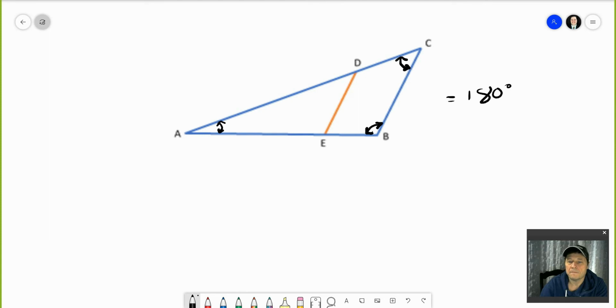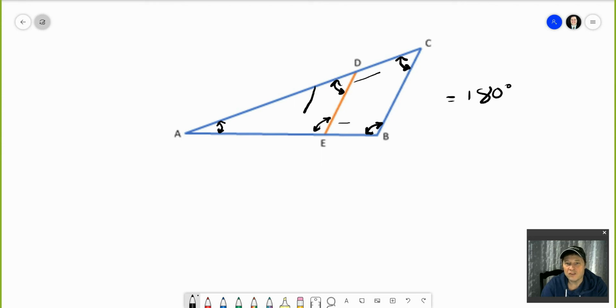We know that. But this line, just because I move this line in a straight line, right? I make it parallel. ED is now parallel to BC. This angle doesn't change. This angle stays the same as this one. And this angle stays the same as that one.